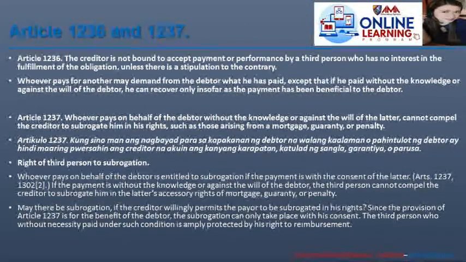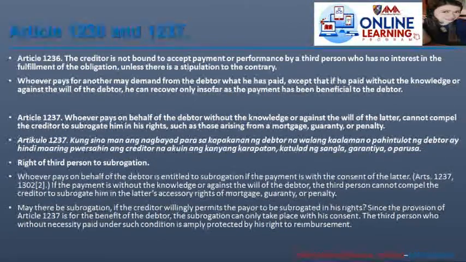Hindi consent ni creditor class ang kailangan natin dito para magkaroon ng paglilipat ng rights, no, ni debtor papunta kay third person. Ang kailangan makita natin dito ay yung consent na manggagaling mismo sa may utang kay creditor ay kay debtor.